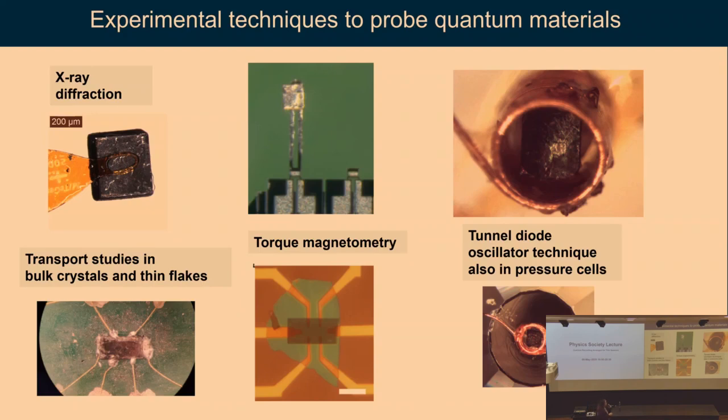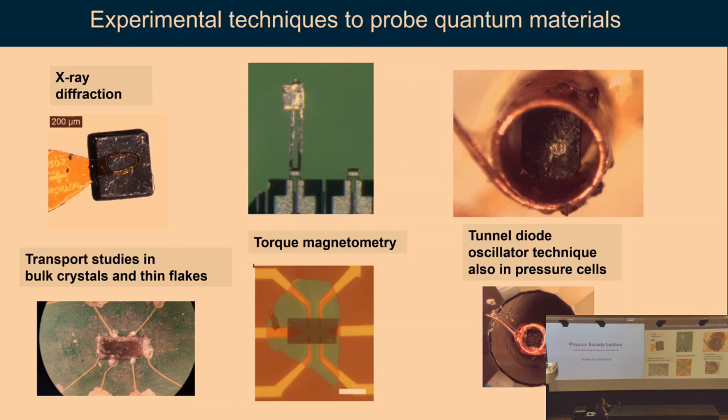And another cute technique that we use, especially under applied pressure, is called the tunnel diode oscillator technique. You wrap a coil around your sample, and this becomes an inductor in an LC circuit.